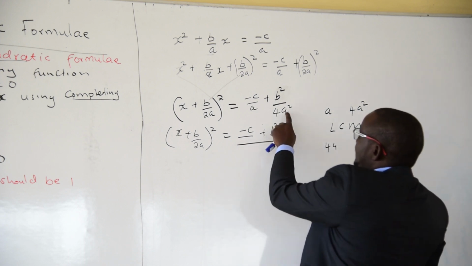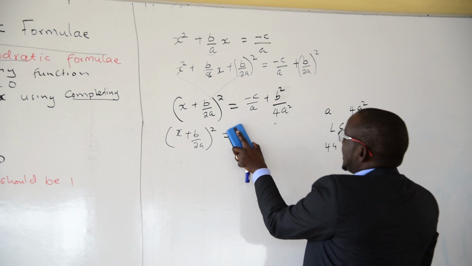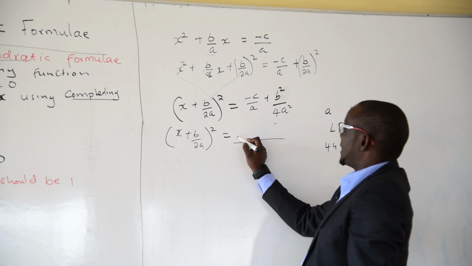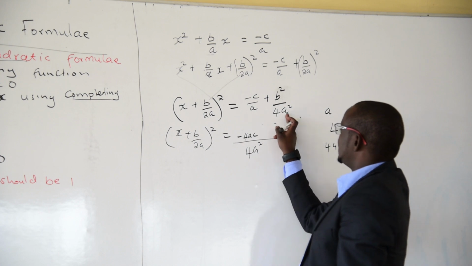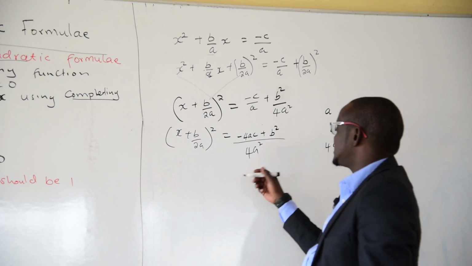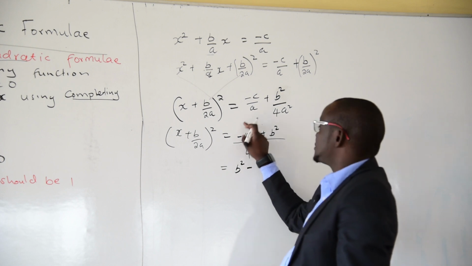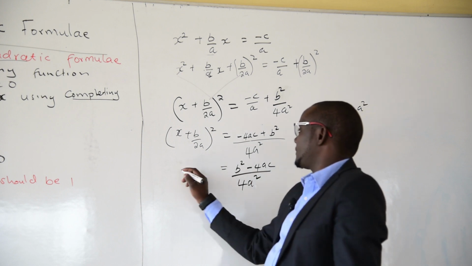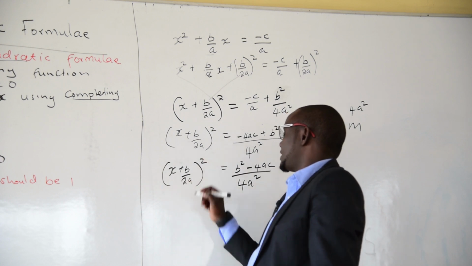So this becomes negative 4ac, plus b squared. I can write this as x plus b over 2a, squared, equals b squared minus 4ac over 4a squared.